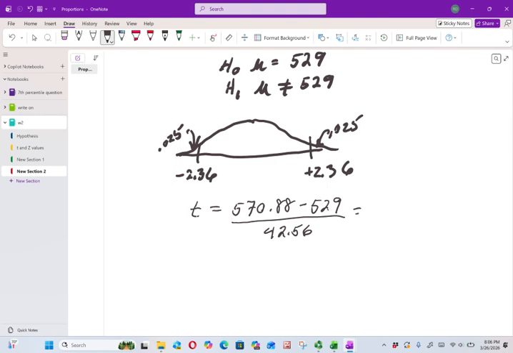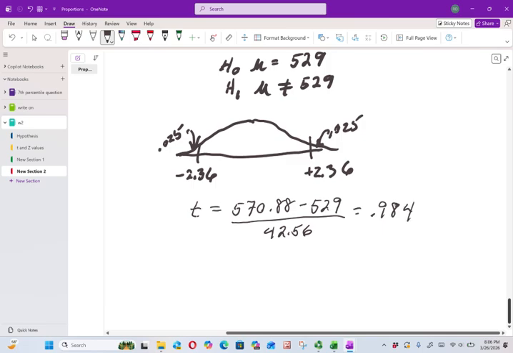This comes up to a t statistic of 0.984, which means that the sample average is 0.984 standard errors above the hypothesized value.